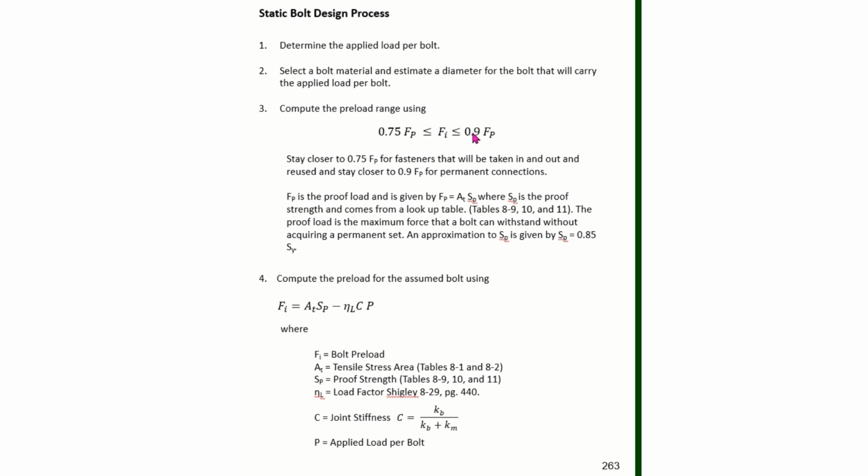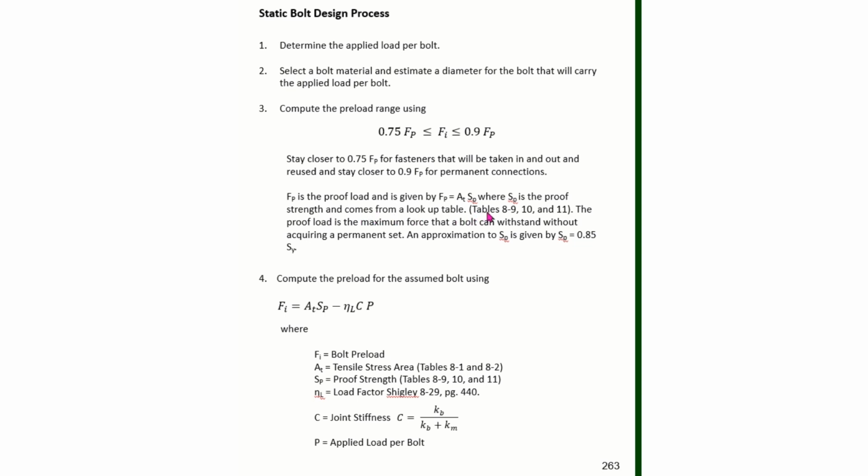Now FP is the proof load, and it's computed by taking the tensile stress area times the proof strength, where the proof strength comes from a lookup table.